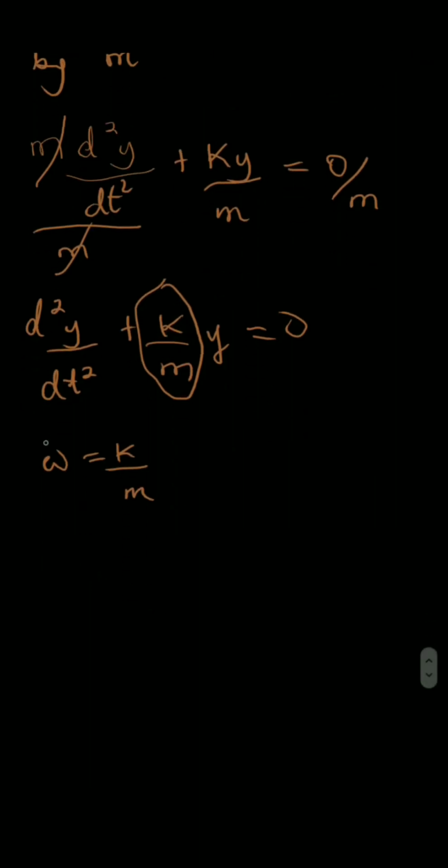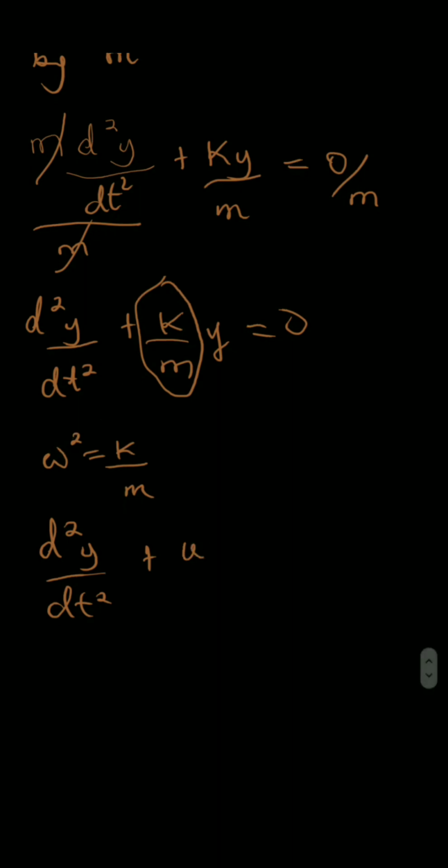Angular frequency simply represents how quickly an object completes one circle, or moves from point A to the main position, then to point C, and then from point C back to point A. So our second derivative plus k over m, substituted with the angular frequency squared, multiplied by y, the displacement, is equal to 0.